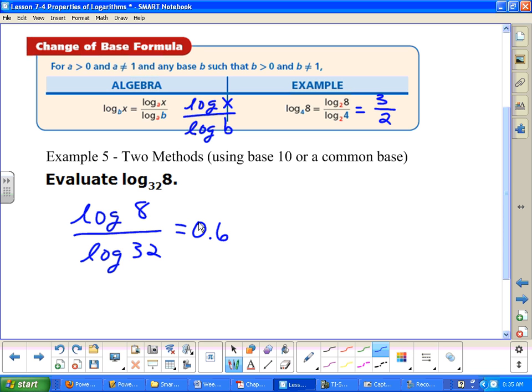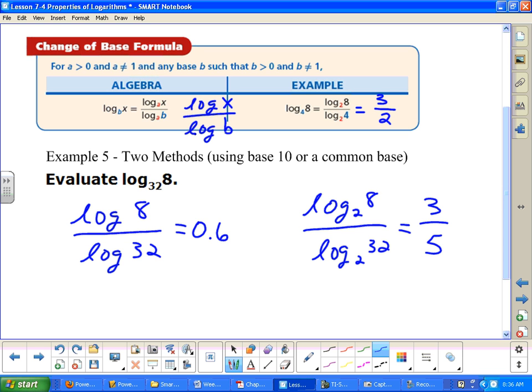Yes, 2 to the third, right? Okay. Can I do 2 to a power and get 32? Yeah, we looked at it a couple minutes ago, right? It was 5. Okay. So I could write this as a log base 2 of 8 and a log base 2 of 32. Because 2 to the third power is 8, and 2 to the fifth power is 32. I would end up with 3/5, which is also the same as 0.6. So you can do it either way and get the correct answer.